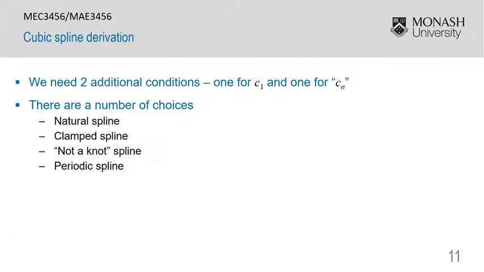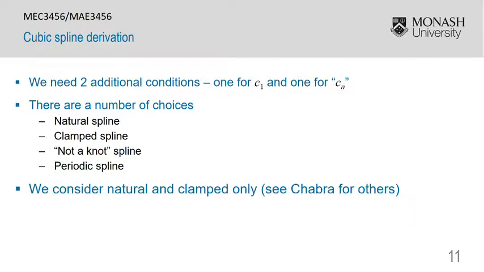We're going to need 2 additional conditions in order to sort this one out. One condition for c_1 and one condition for c_n. Remembering that c_n doesn't really exist. Now there's a number of choices. They are natural spline, a clamped spline, a spline that's called not-a-knot, and a periodic spline. We are only going to consider natural and clamped splines here, and we'll do that in the next video.